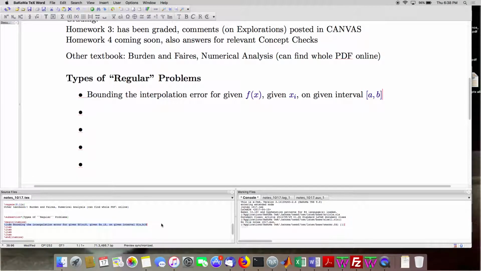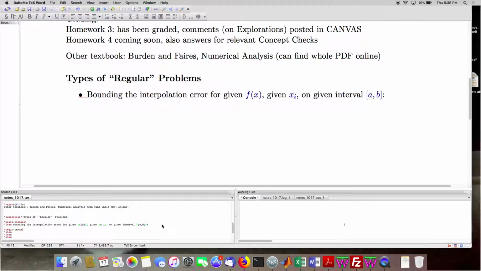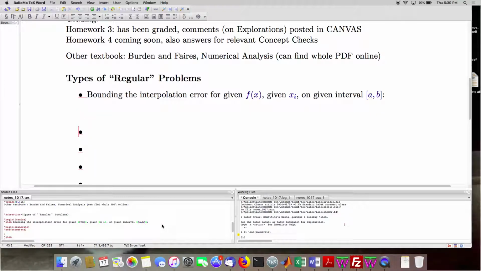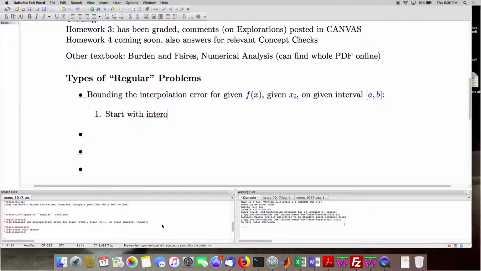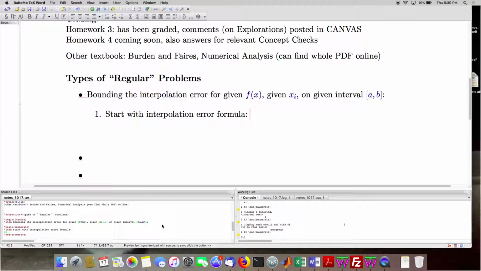So what's done there is, we start with the interpolation error formula, and this is given on the formula sheet.